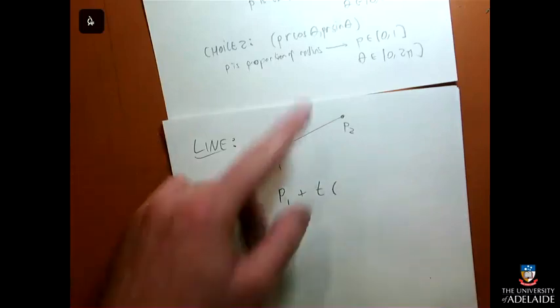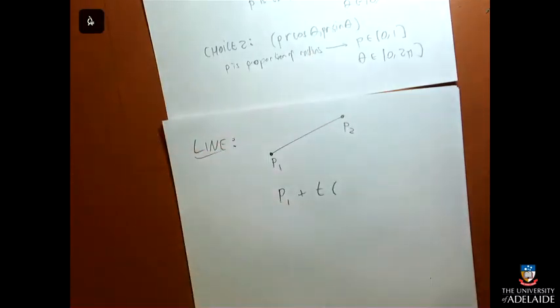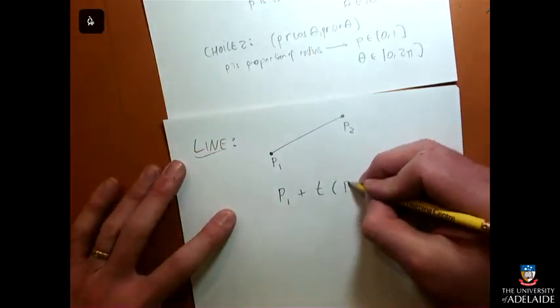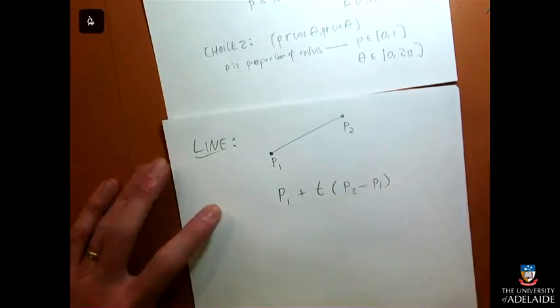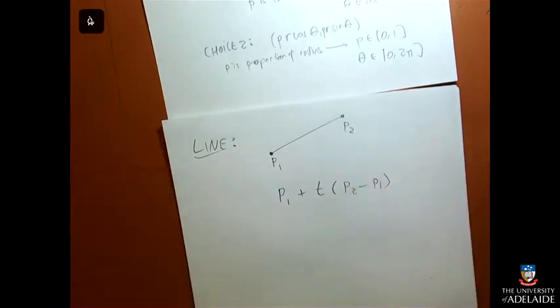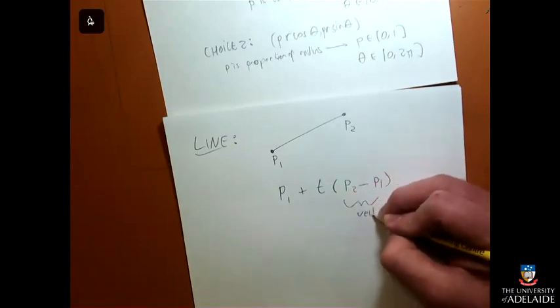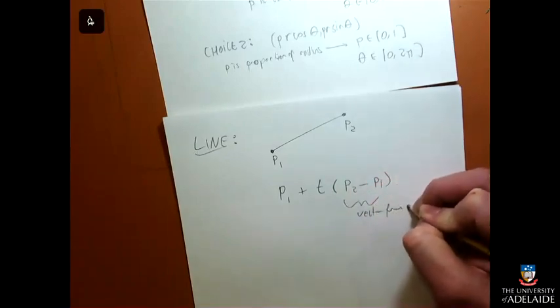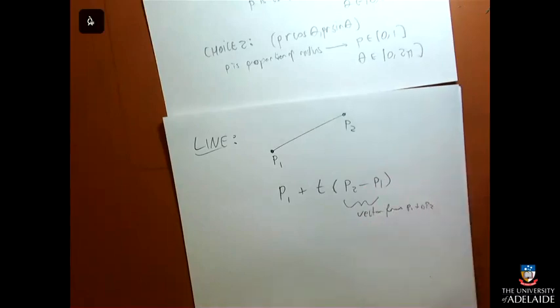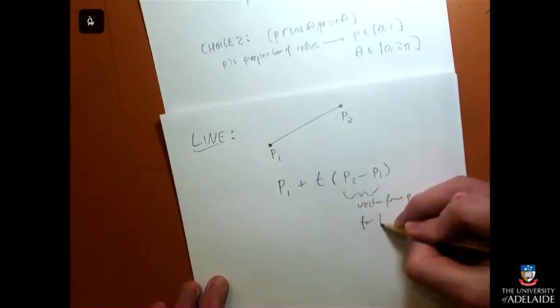I should have used t back there, that would have been all consistent. But anyway, some percentage of the vector that goes from P1 to P2, for t in 0 to 1.